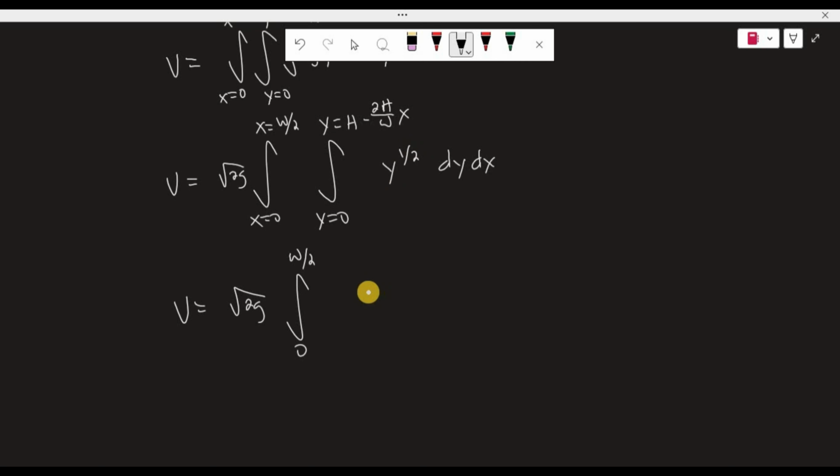Now the integral of y to the 1/2 is y to the 3/2, and then we have to reciprocate this exponent, so we multiply y to the 3/2 by 2/3.